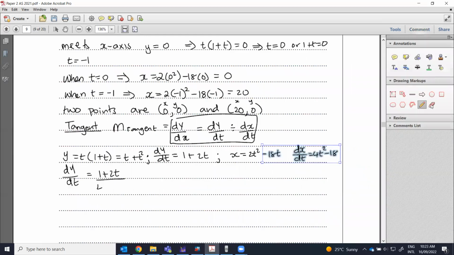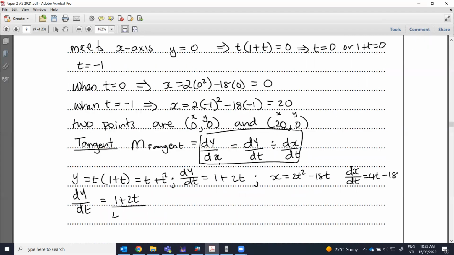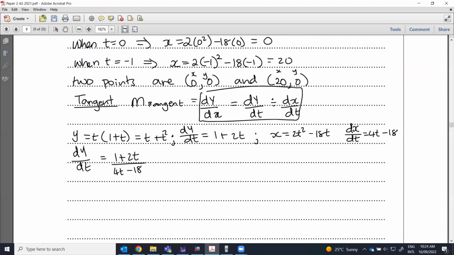It's just 4t minus 18. So this is the formula for the gradient, and I can work out the gradient at each of these points when t is 0 and when t is minus 1.